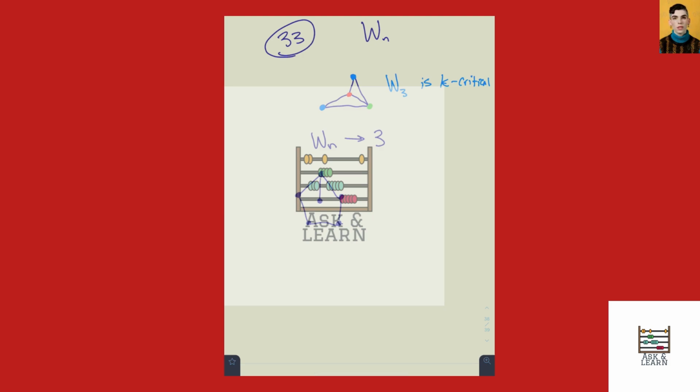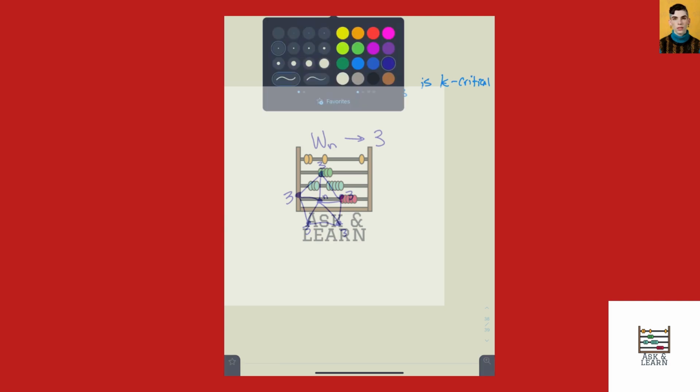And then once we add the center, they all have a degree of 3. And then the inside one always has degree n, right? So because the outer ones all have degree 3, it requires n to be its own color always.